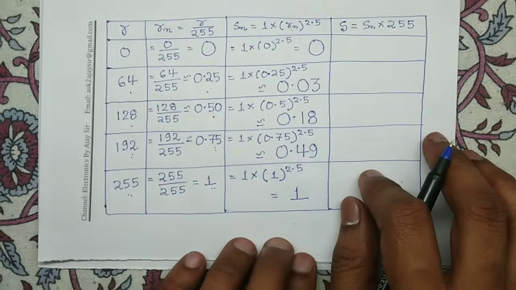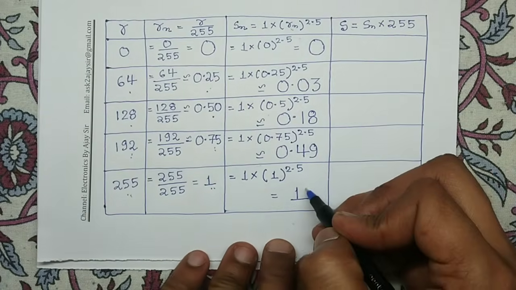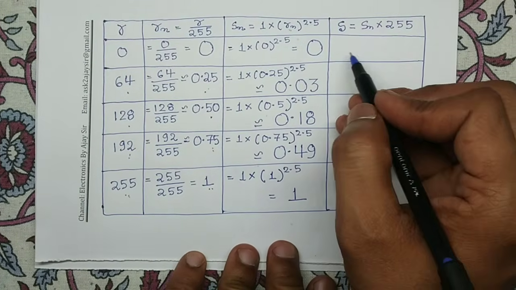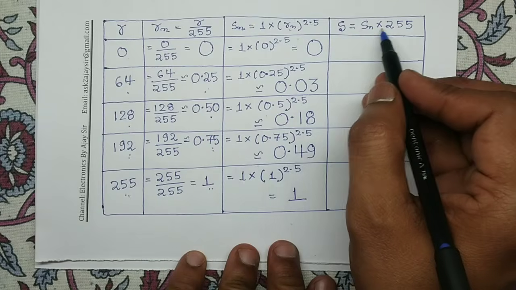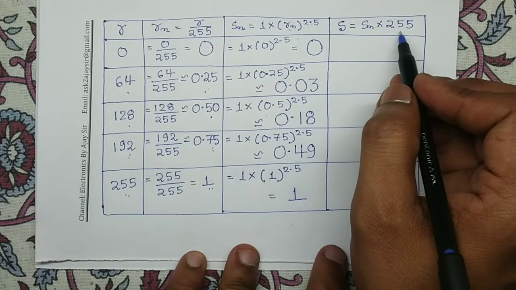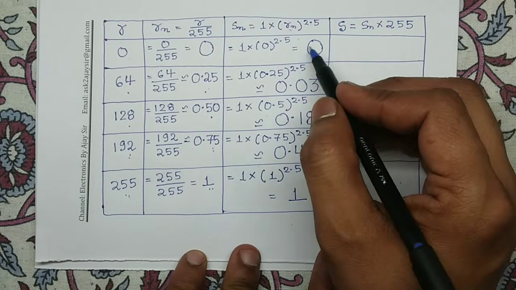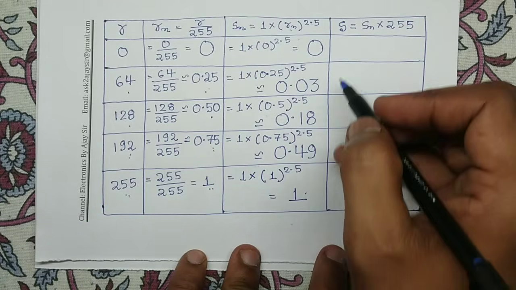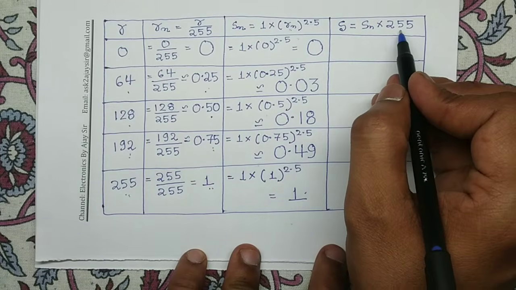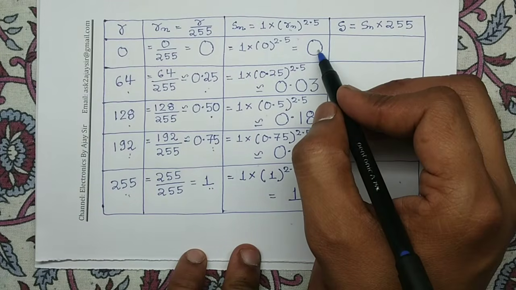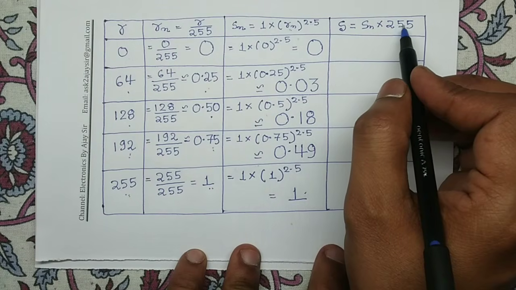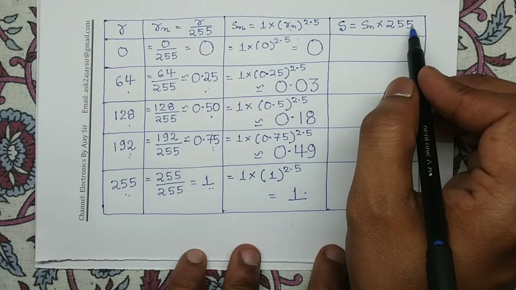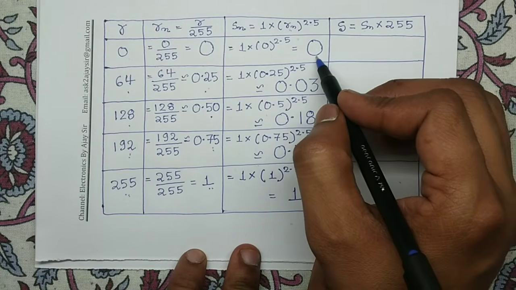One by one, for each value of Sn, we will perform this unnormalization operation, or in other words, for each value of Sn, we will determine the value of S. First, when Sn equals 0, in order to determine the value of S, in this equation of S, in place of Sn, I will substitute 0.